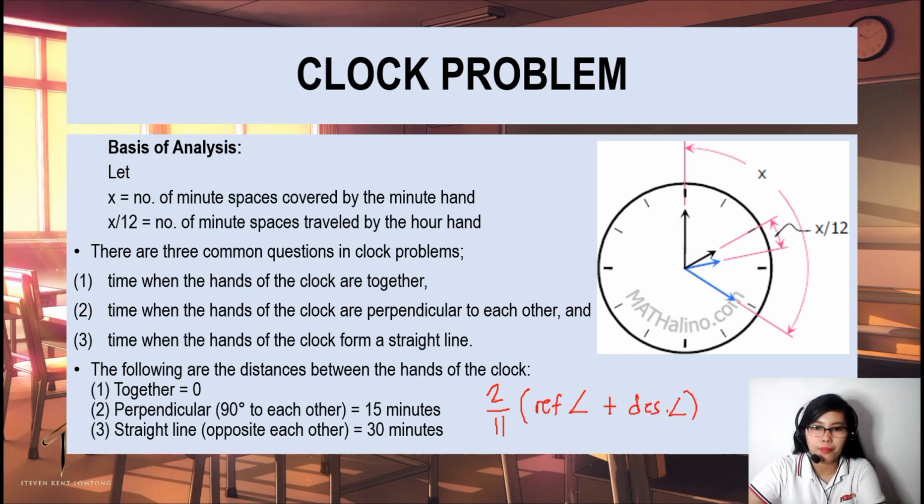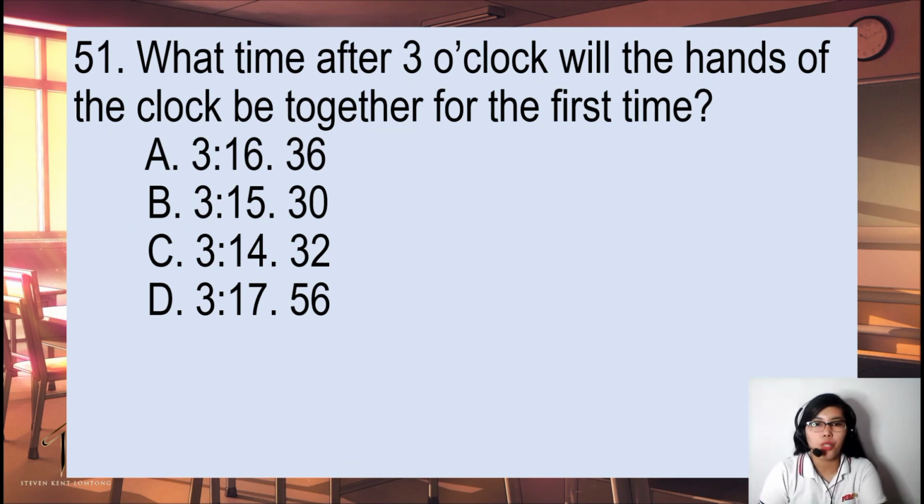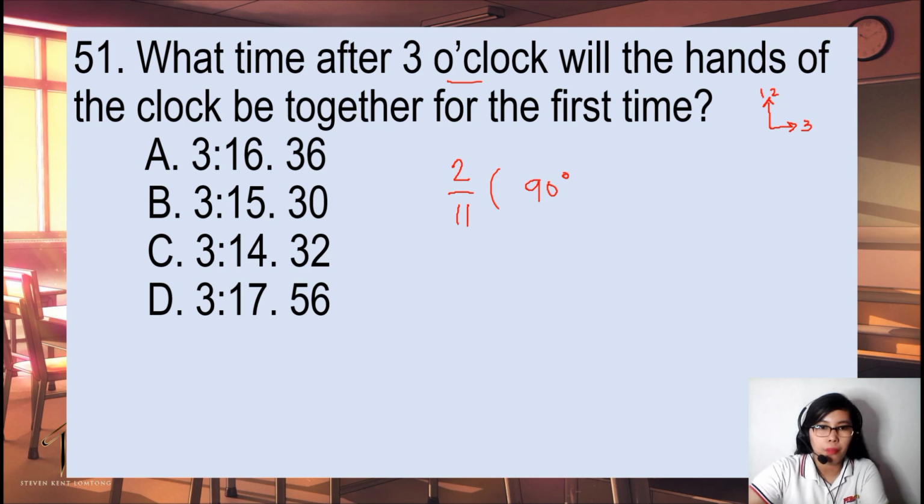Okay, so let us apply this here. What time after 3 o'clock will the hands of the clock be together for the first time? As I've said earlier, let us use the formula 2 over 11. 3 o'clock is 90 degrees, and to be together for the first time, our final angle would be 0 degrees.